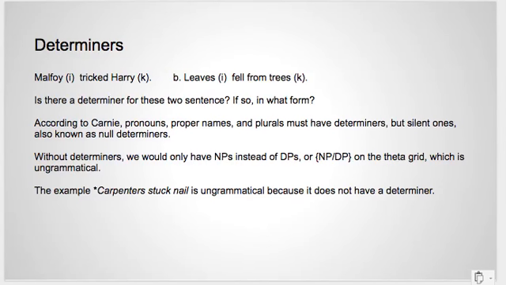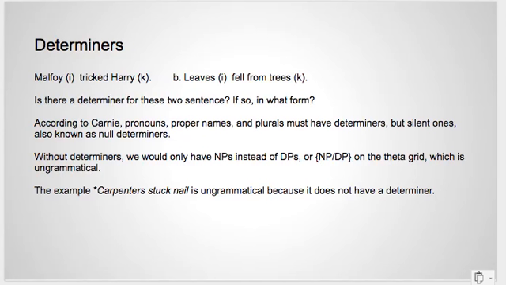According to Carnie, pronouns, proper names, and plurals must have determiners, but silent ones, also known as null determiners. Without determiners, we would only have NPs instead of DPs, or NP and DP on the theta grid, which is ungrammatical. For instance, the sentence *carpenter struck nail is ungrammatical because it does not have a determiner.